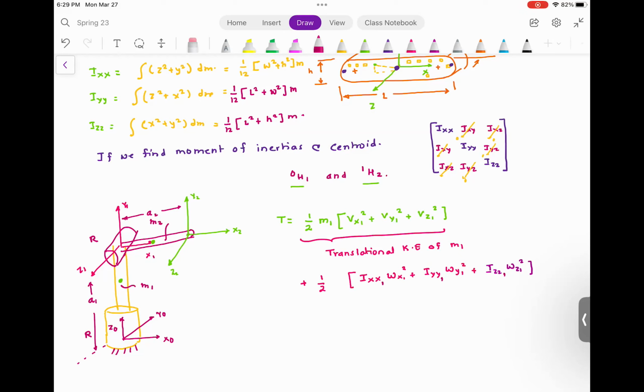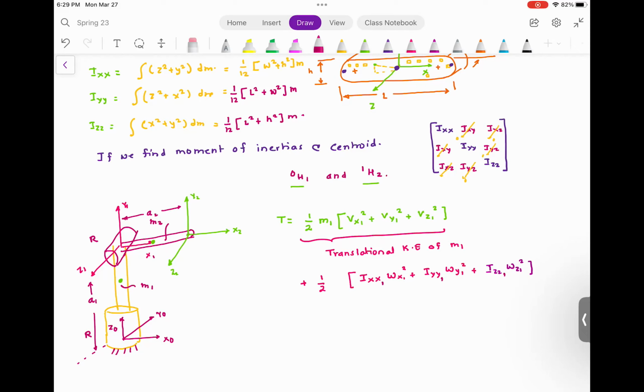Can you see that this mass is distributed? When the mass is distributed, you have kinetic energy of translation and kinetic energy of rotation. Kinetic energy of translation is mass multiplied by the velocity square. This mass is not located at frame 2, but at half of the distance at A2.